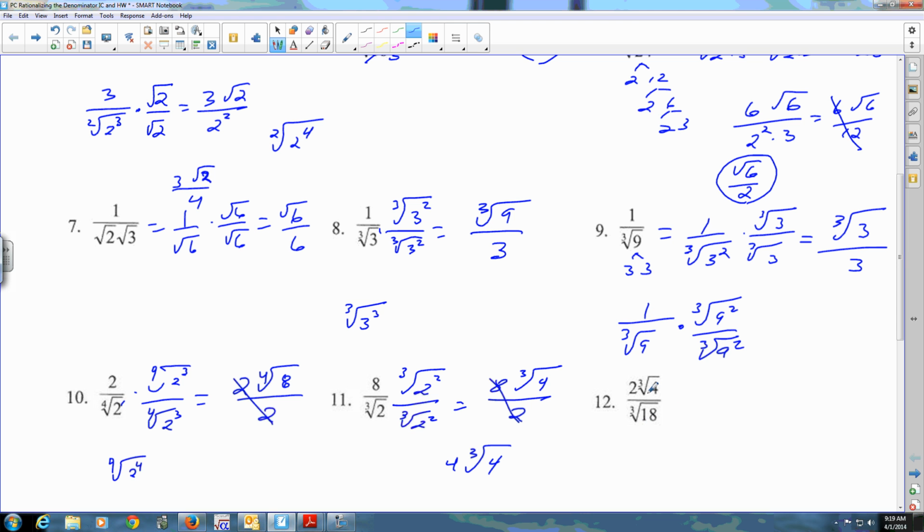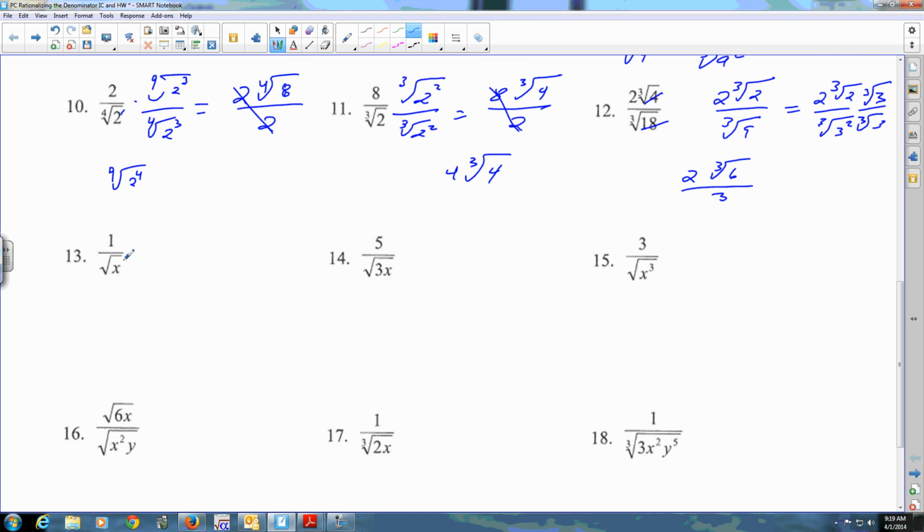If you can reduce, it's always a good thing. 2 cube roots of 2 over the cube root of 9, so that's 2 cube roots of 2 over the cube root of 3 squared, so I need one more 3. So I have 2 cube roots of 6 over, and now that's going to be 3. You're finished.